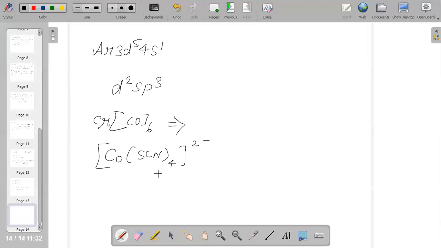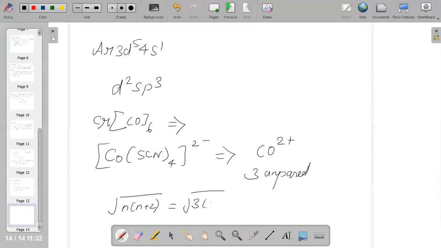If you calculate the oxidation state, cobalt is present in the Co2+ form, with sp3 hybridization and 3 unpaired electrons. Hence, you substitute in the formula root of n into n plus 2. So, root of 3 into 5, that means root 15. You will get around 3.8.